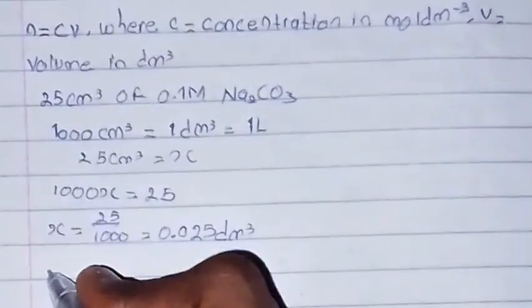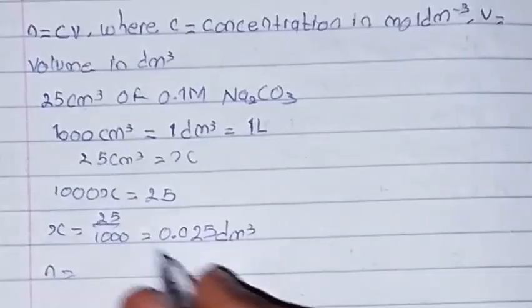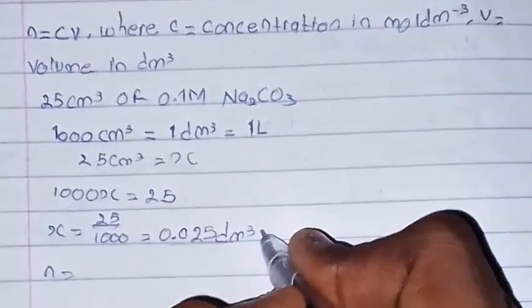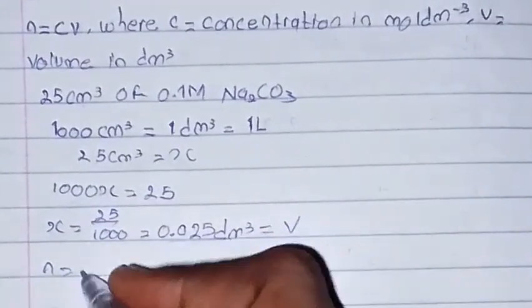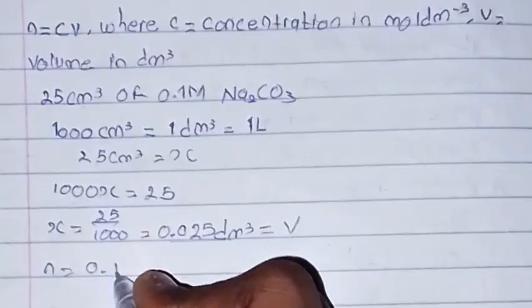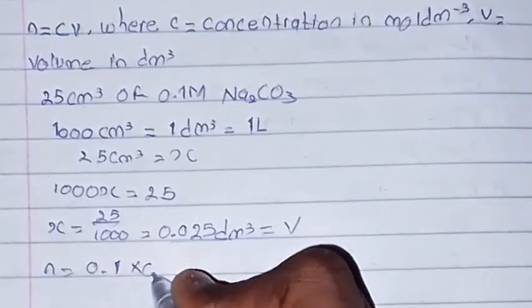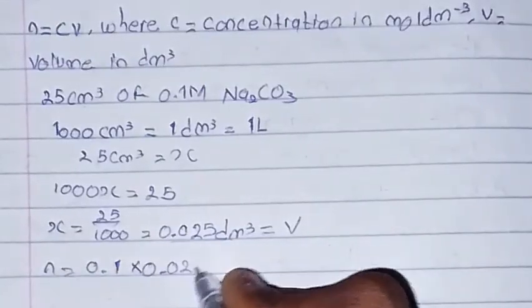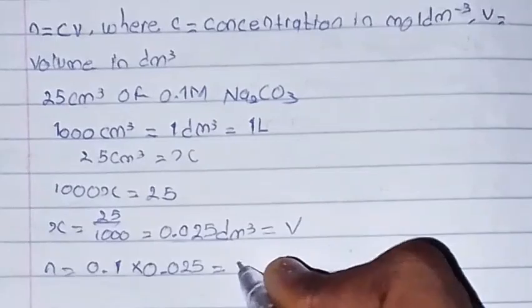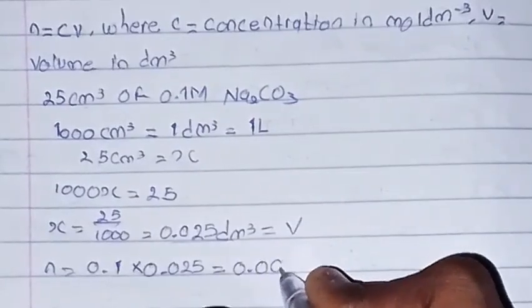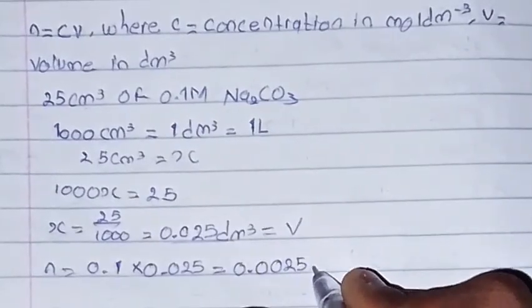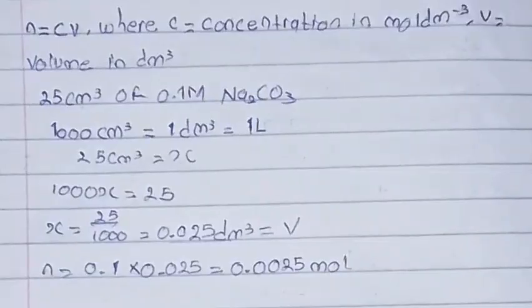Then to get the number of moles, concentration times volume: 0.1 times 0.025 gives 0.0025 mole.